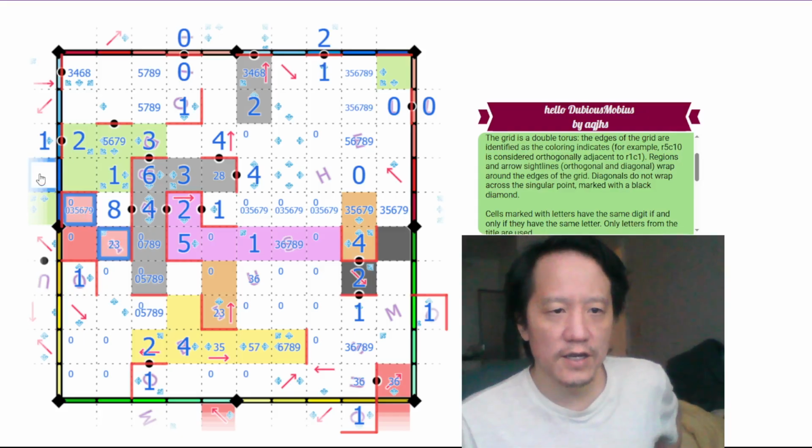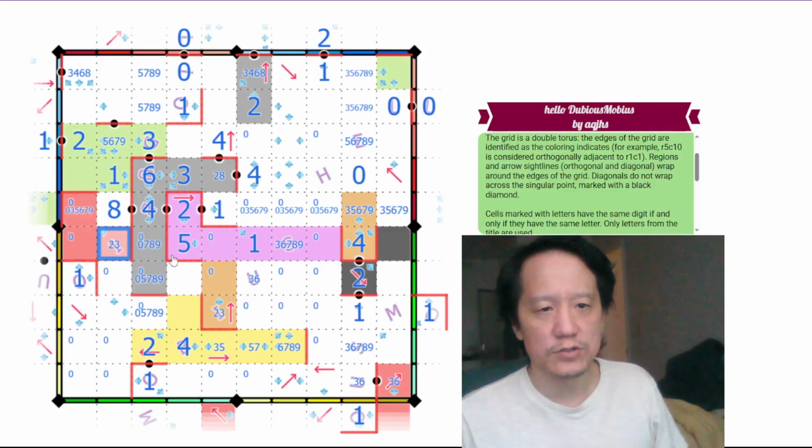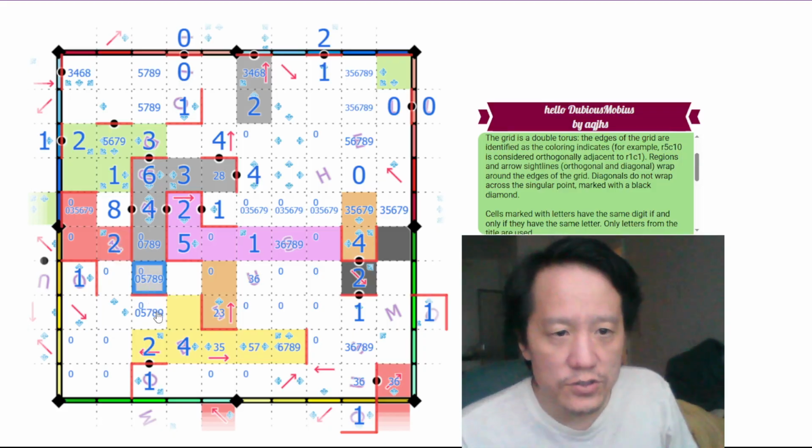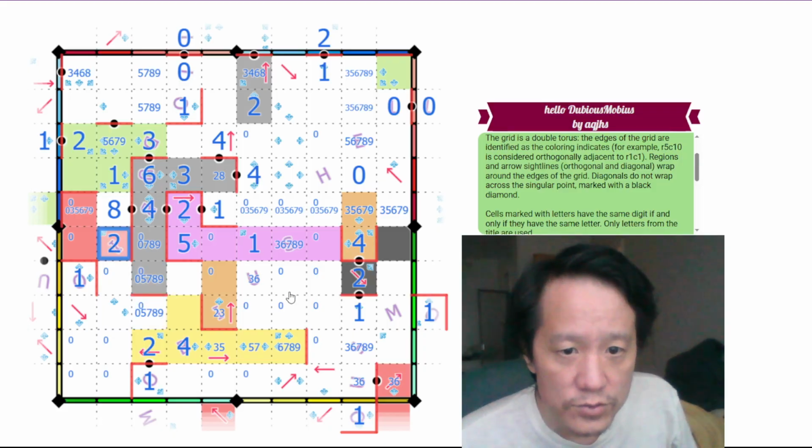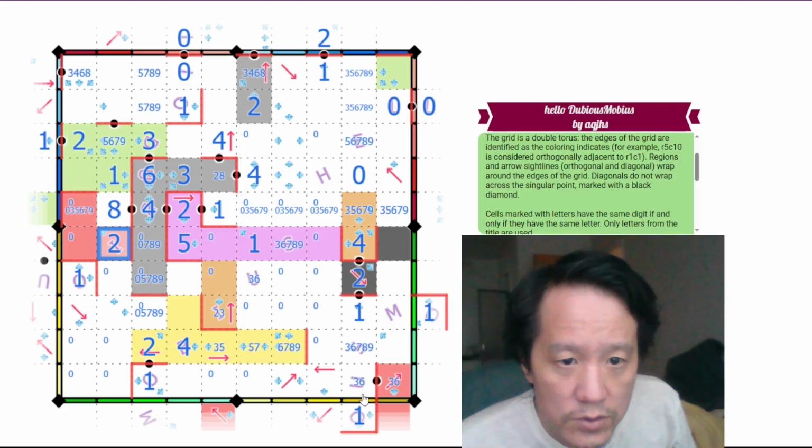So this is a boundary, and this is a boundary, guaranteed. So this is a boundary here. This then cannot see 3, so this must be 2. So this is 2. So that's 2.